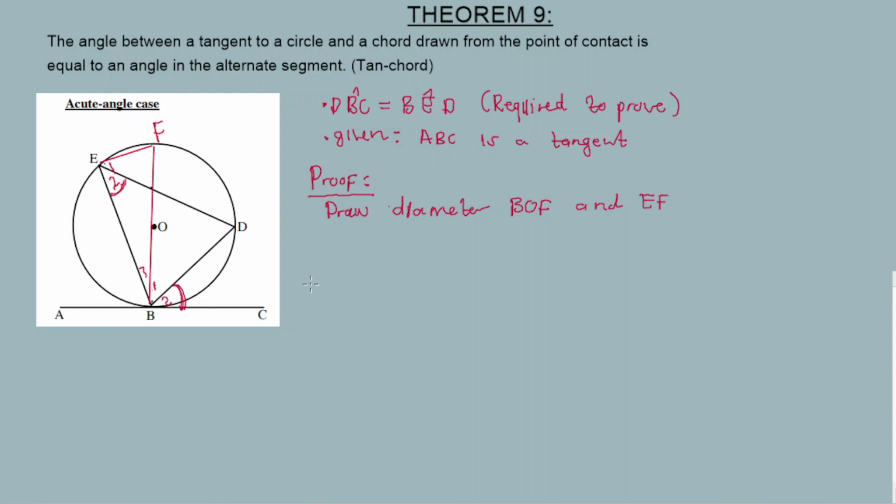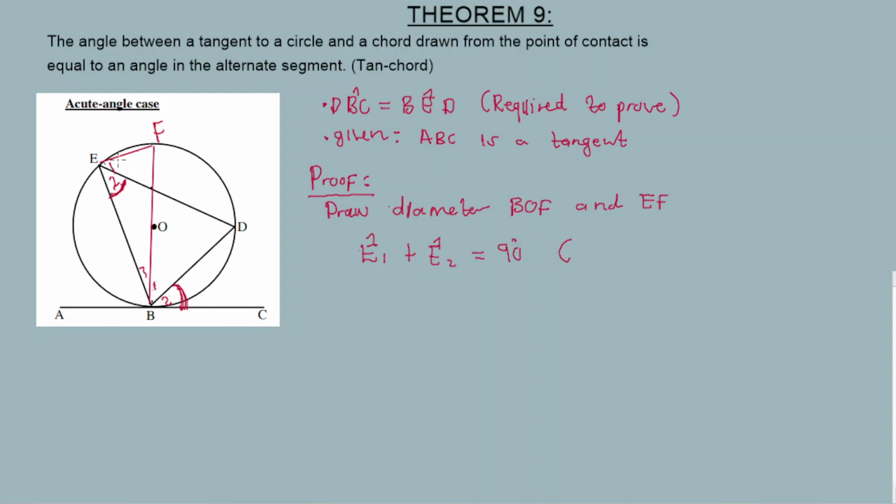Then from here we want to prove that this angle is equal to this angle. How can we prove it? The first thing I can do here is, okay, I see Theorem number 2, as well as Theorem number 7 is also there. So the first thing we can do is say E1 plus E2 I get 90 degrees.